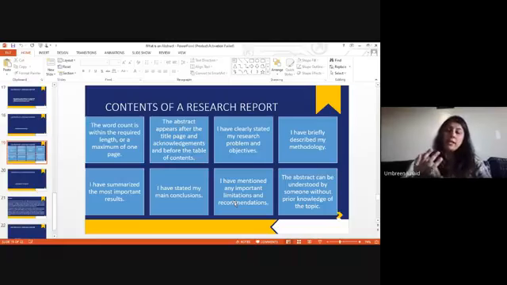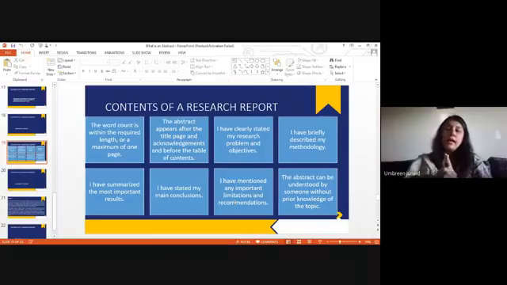Number one, you check the word count. Number two, when composing your document, you check that you added your abstract after the acknowledgements and title and before the table of contents. Number three is, I have clearly stated my research problem and objectives. Have you clearly stated them? This is what you have to check. If you have checked, that means it is a tick.